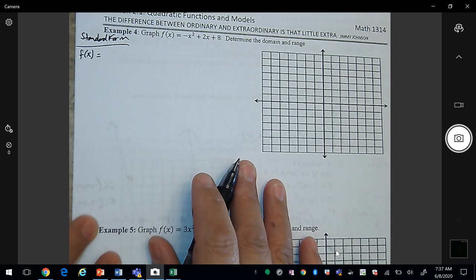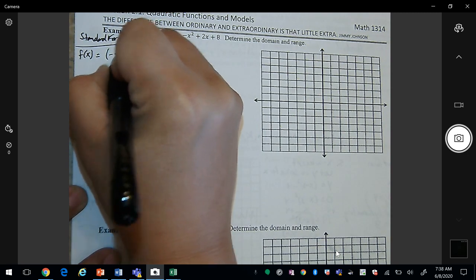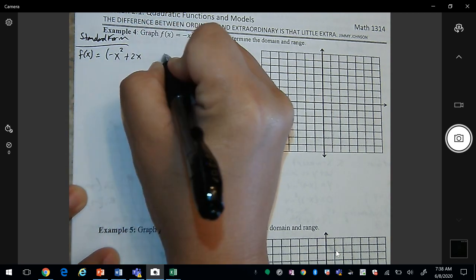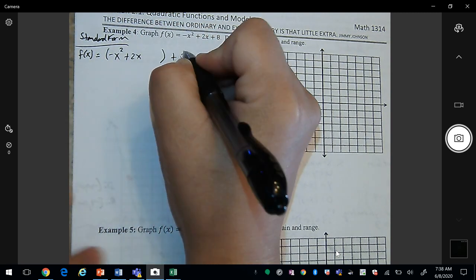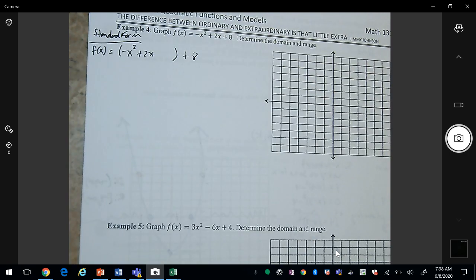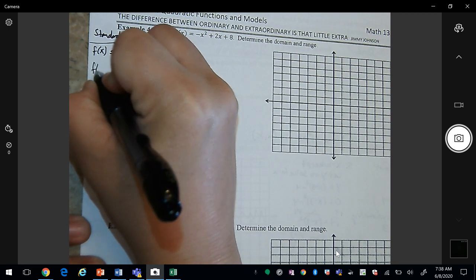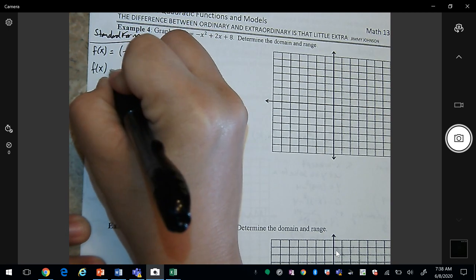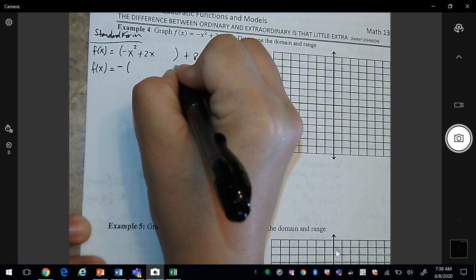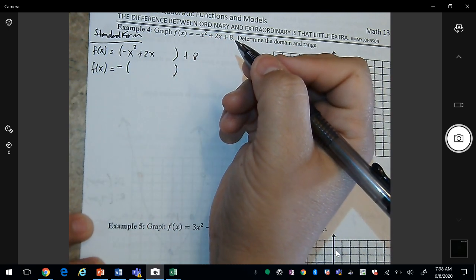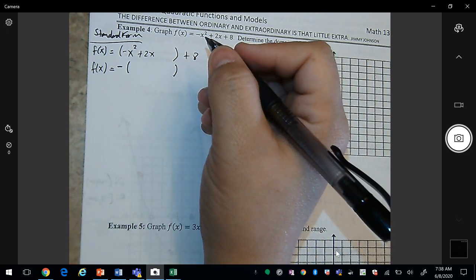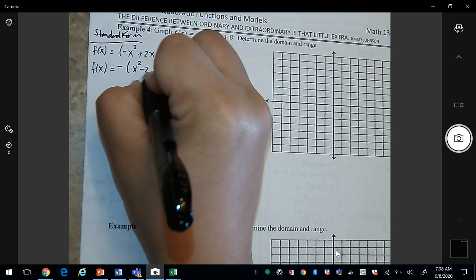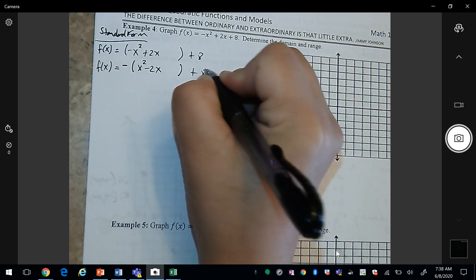Okay. So I can rewrite this as negative x squared plus 2x, and then we leave a little space, plus 8. And then we need to take care of this negative. So I'm going to factor it to the front. And so that's going to leave me with x squared minus 2x plus 8.